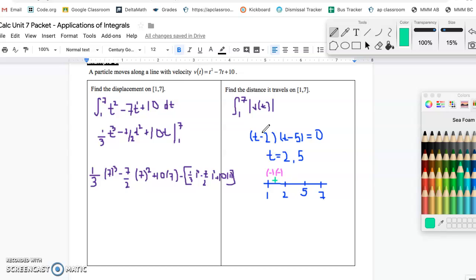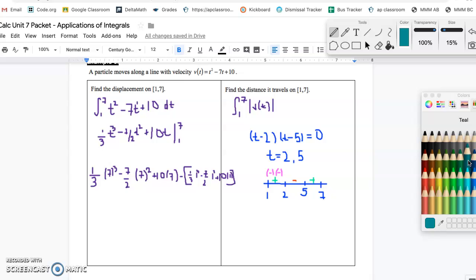Now, because none of these factors are raised to an even exponent, I can actually just go plus, minus, plus, or you can continue to do out your factors if you want. So I will show you the factors.